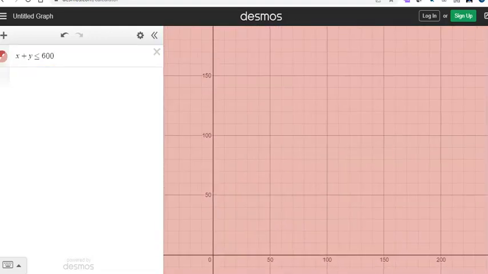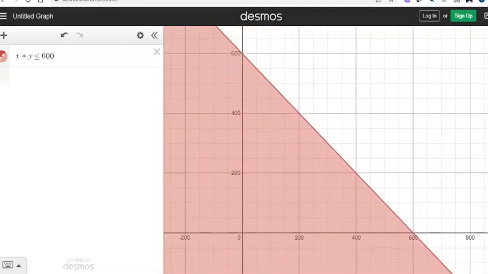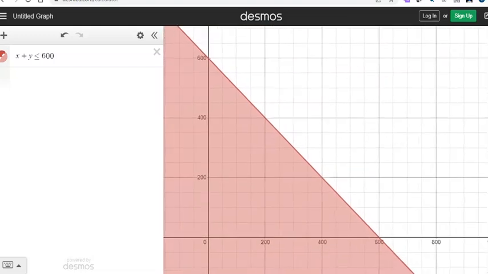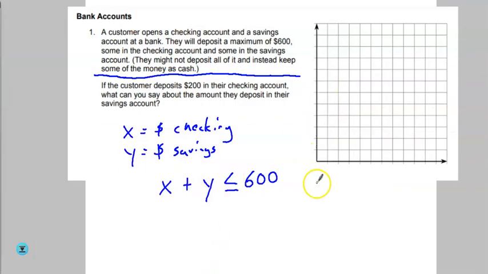And with this type of situation, you can see from the graph, it's just a first quadrant graph. That's all that's important in this situation, right? We don't care about these negative numbers because we're not going to deposit a negative amount. We just care about this first quadrant where everything's positive. And our intercepts are at 600 for both of them. So if I count by 50s, 50, 100, 150, 200, 250, 300, 350, 400, 450, 500, 550, 600 would be right at the top.